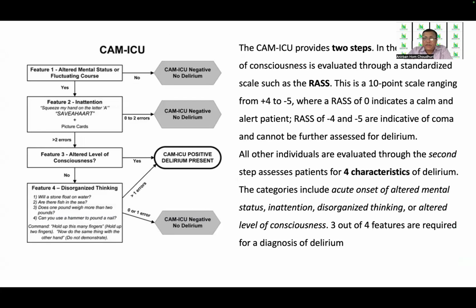Now, how do you identify delirium? Two reliable tools have been found useful in the ICU setting. One is the CAM ICU and the other is the ICDSC.